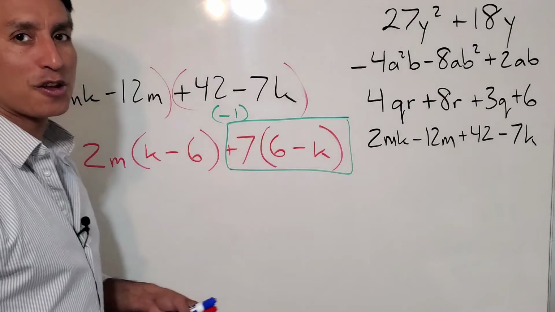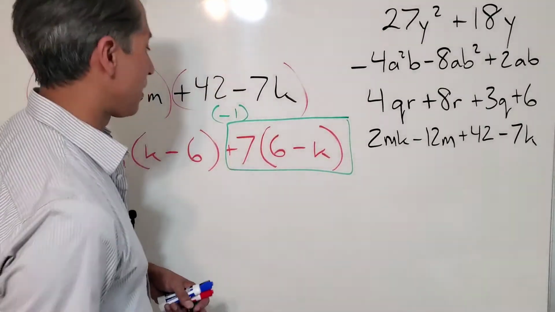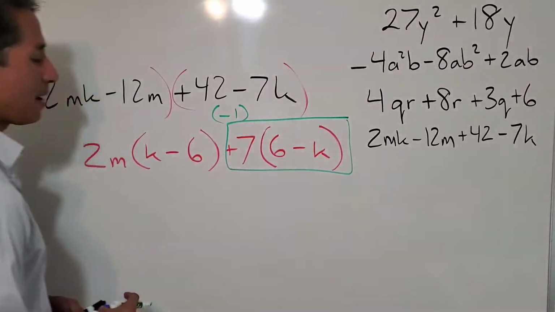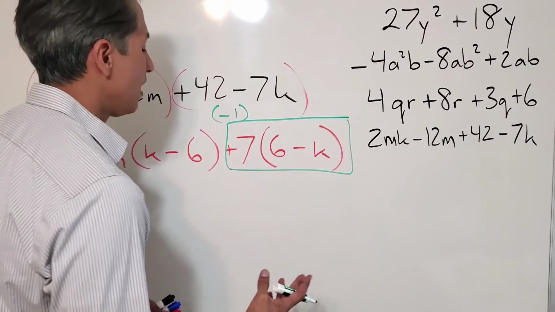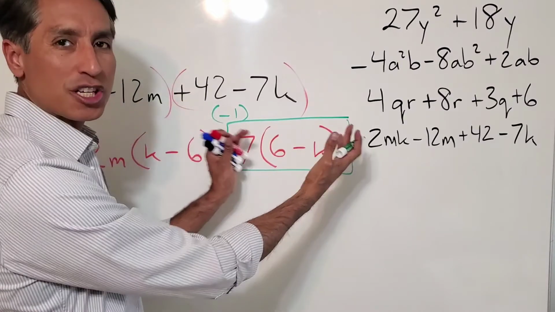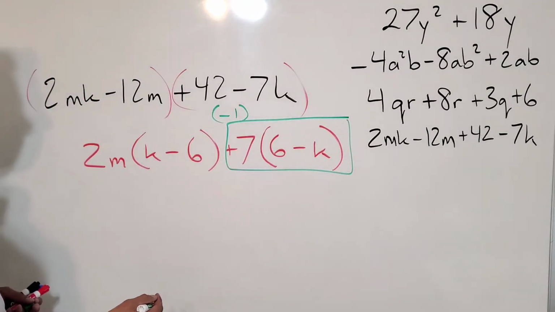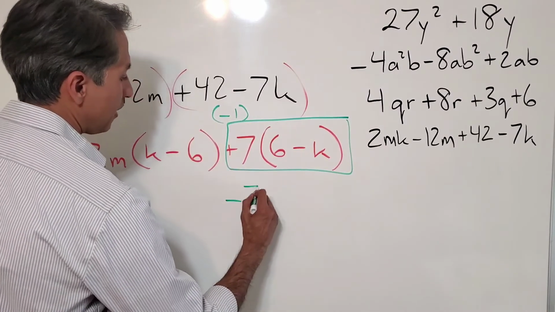And up until now, you've always been taught, oh, hey, whatever you do to one side, you got to do the other. Whatever you do to one thing, you're not allowed to just do this. But I'm not technically changing the problem too drastically because I am multiplying it by kind of like a portion of the problem. So this side over here stays the same. But if I multiply a -1 times a 7, I get a -7.